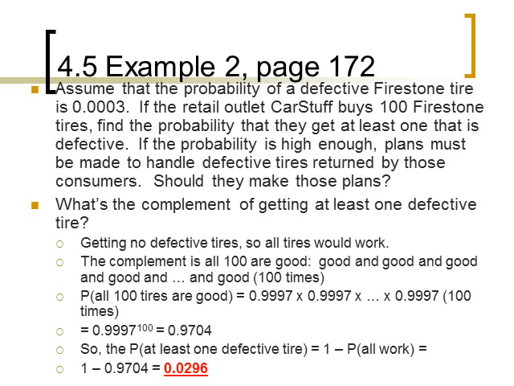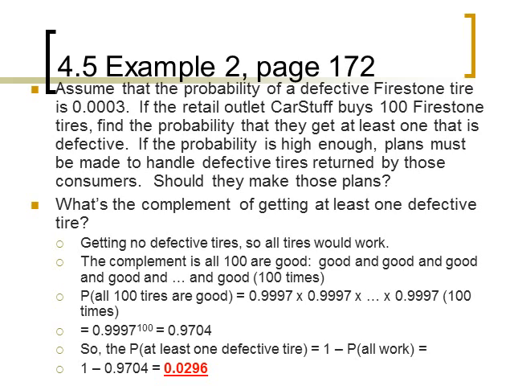What's the complement of getting at least one defective tire? Well, that would be getting no defective tires. And so if we say we're getting no defective tires, then we would assume that all tires would work. So the complement of getting at least one defective tire is having all tires work.